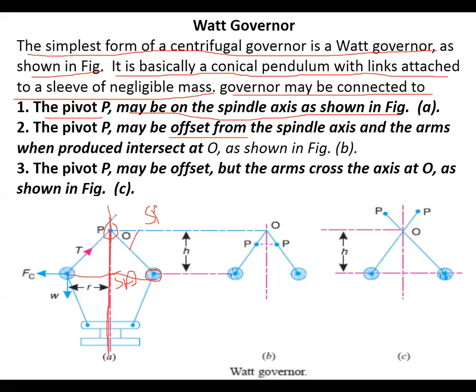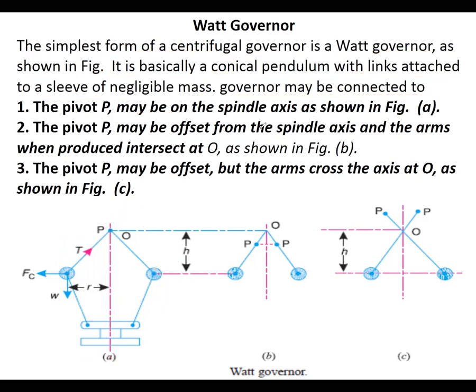So once we calculate the forces on one side, the forces on the remaining side are also the same. That is why, in these governors, we always try to conduct the problems on one side only. Once we calculate the forces on one side, the forces on the other side are also the same, because they are offset governors, right? So that is the one.